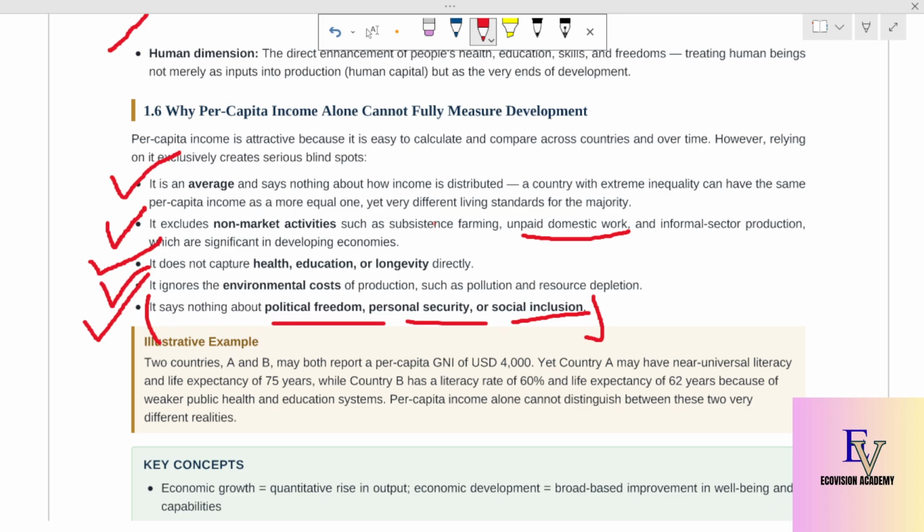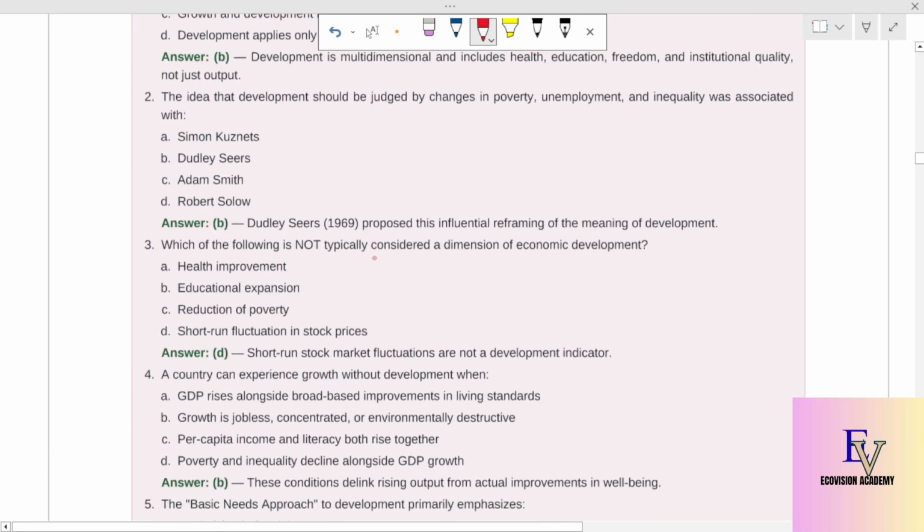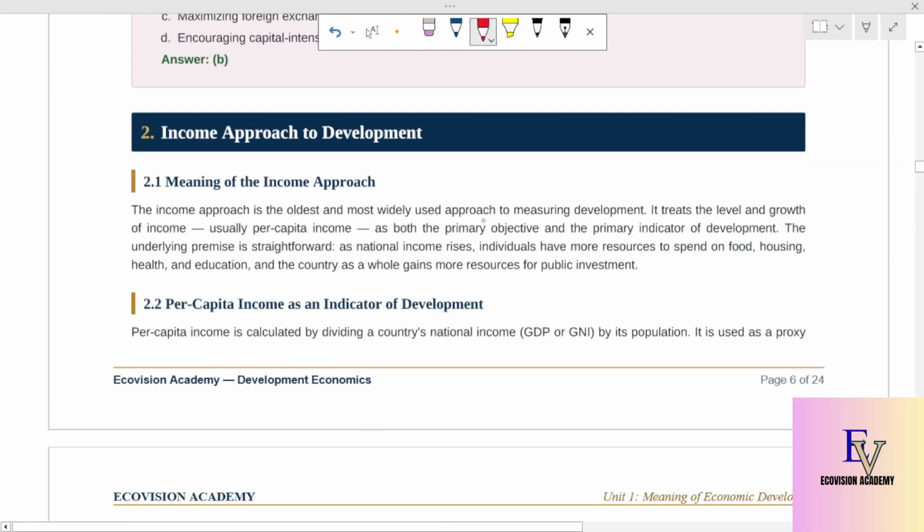So it doesn't tell how much political freedom there is in this country, whether I am included in all of the social sector schemes or welfare schemes, or whether there is any kind of personal security for me or not. Okay, so these are the things we cover about economic growth and economic development.